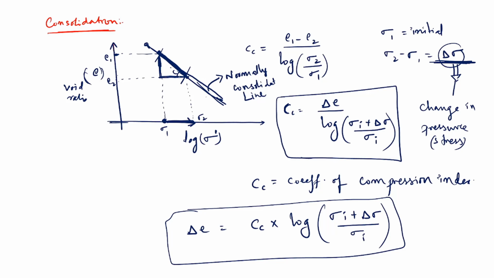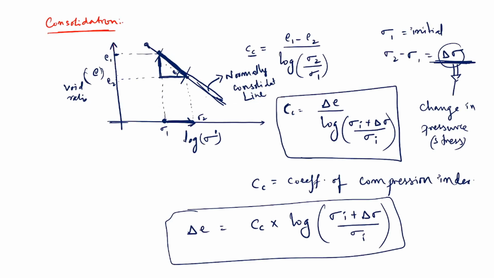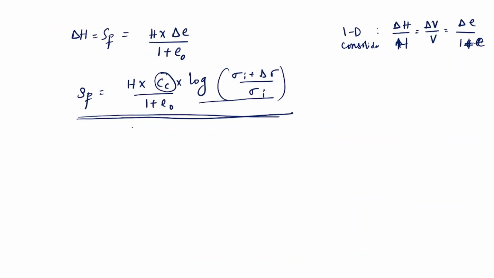In that case I have taken the slope Cc of that line multiplied by log of initial stress plus the change over initial stress at the end points of that line. That is how the formula is developed.